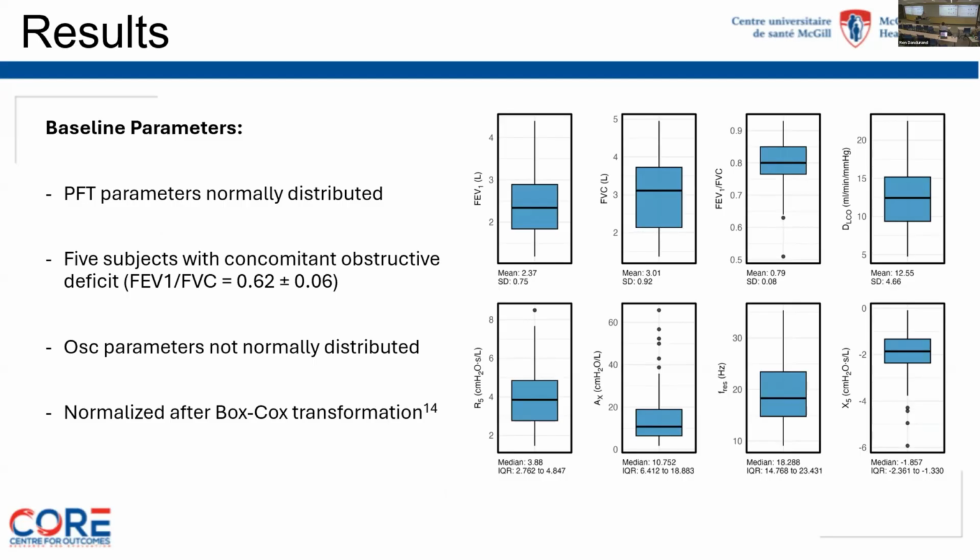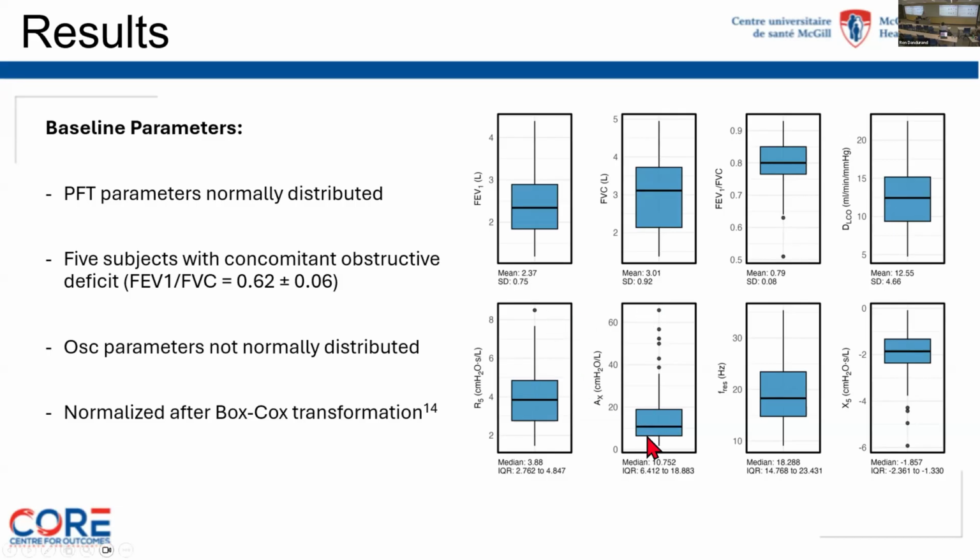The majority of our patients had a purely restrictive spirometry profile. However, 5 subjects also had a concomitant obstructive defect with a FEV1 to FVC ratio of 0.62 on average. What we noticed very early on is that the oscillometry parameters are not normally distributed, as can be seen.